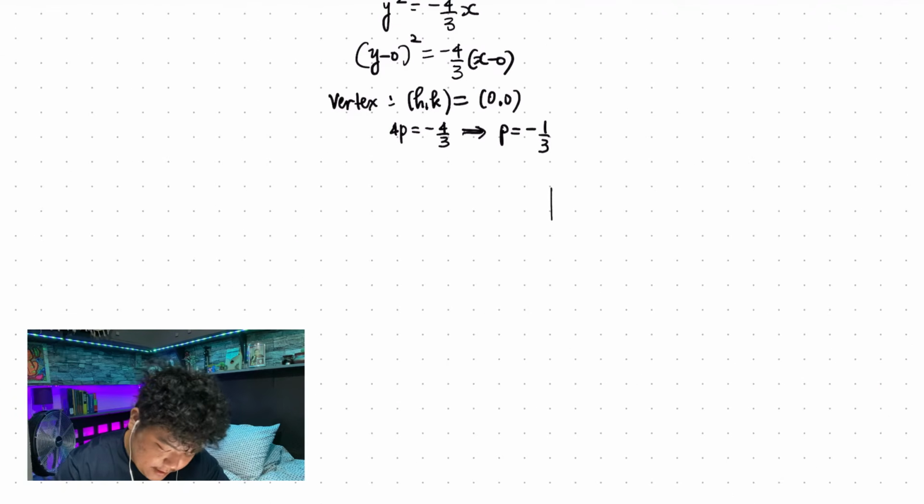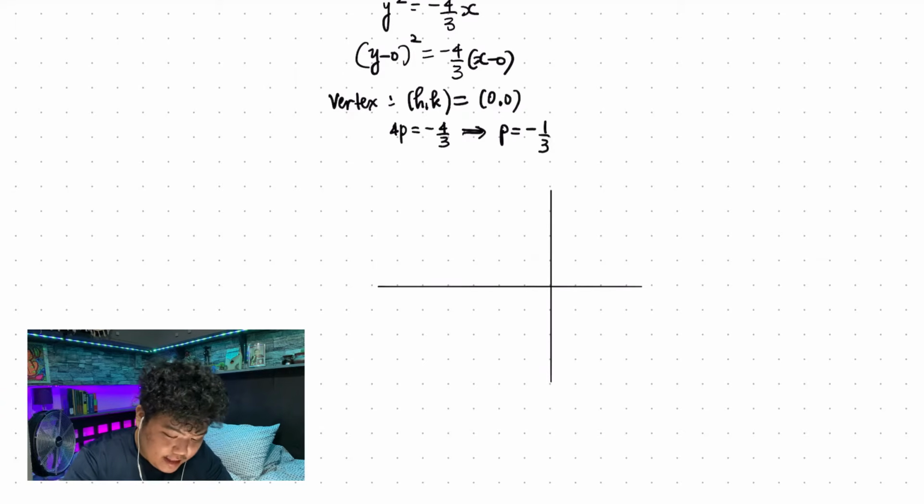I need space. So the vertex is at the origin, opening to the left. Asan si negative? Something pa ganyan, no? So let's say this is negative 1/3, comma 0. So ang focus mo, andito.